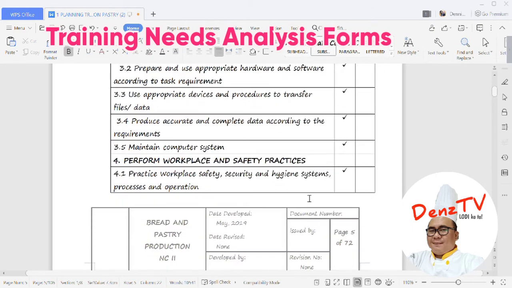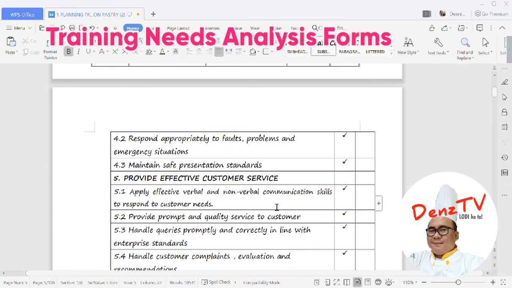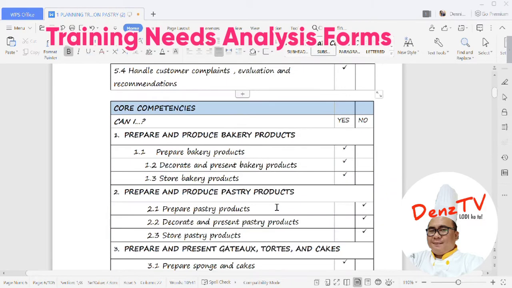Let's move on to the core competencies. These are the core competencies for bread and pastry production. This is the first unit or module for bread and pastry production, and these are all the LOs belonging to this module.